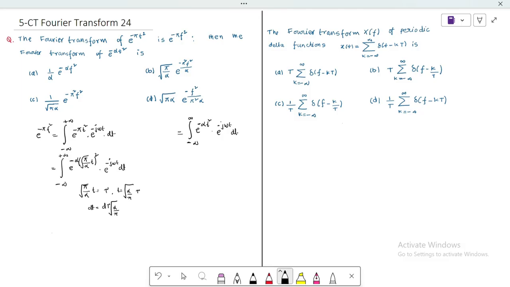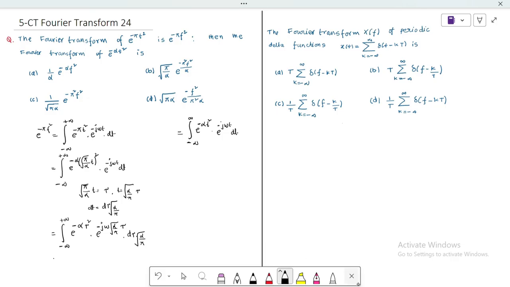So now the integral from minus infinity to plus infinity of e power minus alpha tau square into e power minus j omega, with t equal to alpha by pi under root of tau, into dt equal to d tau into under root of alpha by pi.